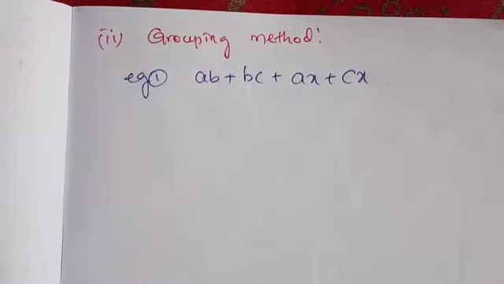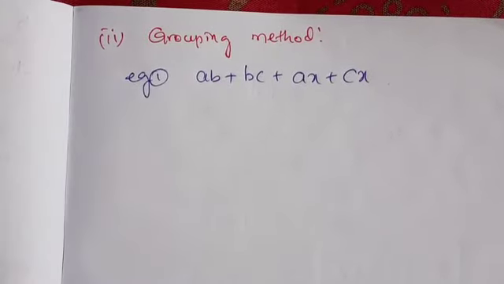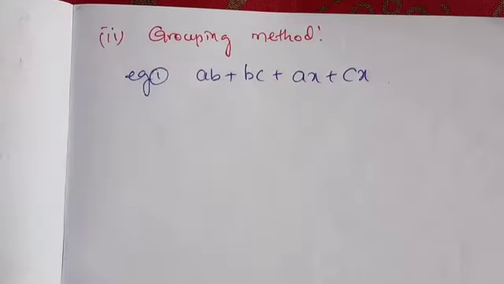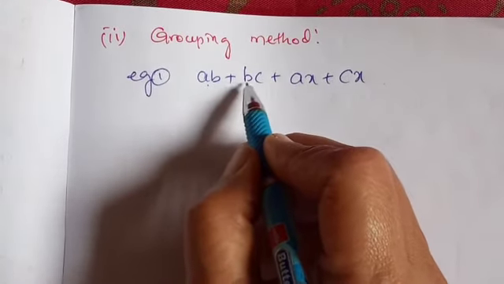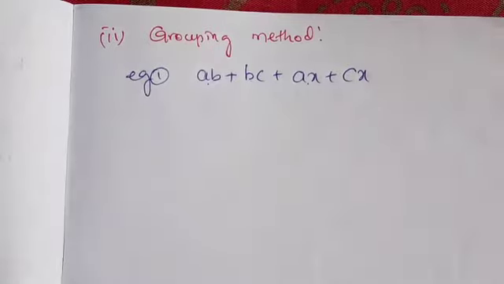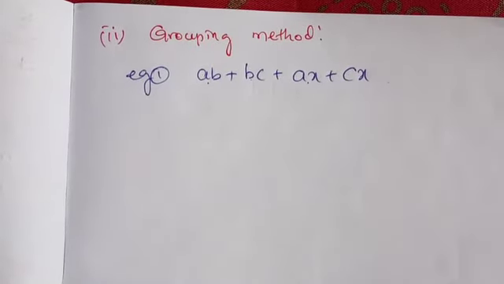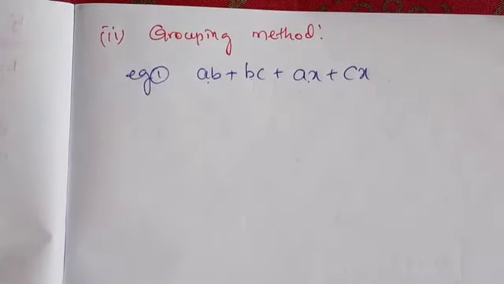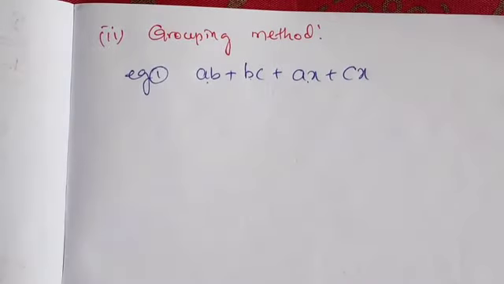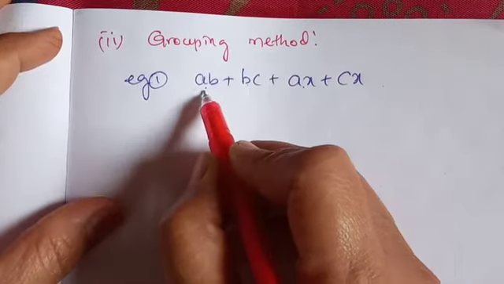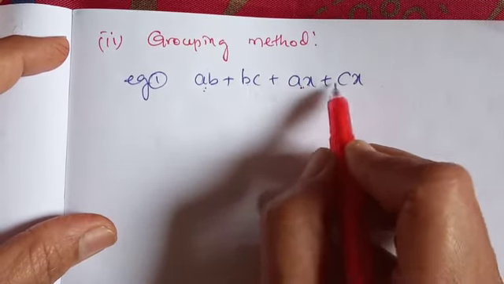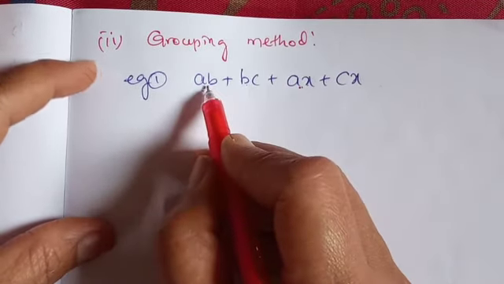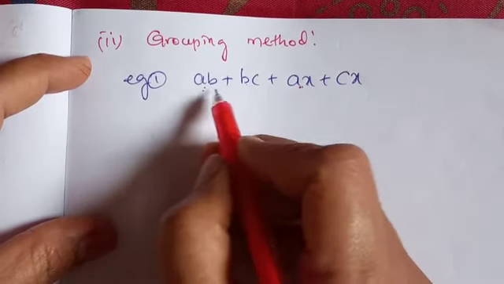Next method, grouping method. So here we will read the expression ab plus bc plus ax plus cx. This is very simple, children. Here either you choose a terms or you choose x terms. ab and bc.